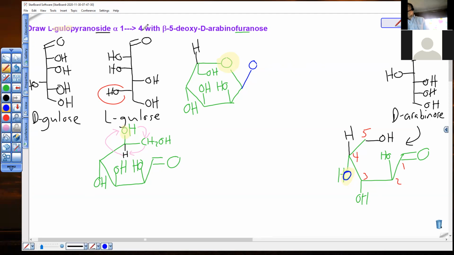It says carbon 4's alcohol of this sugar connected to carbon 1 position of the previous sugar. So I'm going to go here and copy all I see here with the ring size and everything I need and rotations. Oh my God, there's going to be so much going on. Hope I don't lose anybody. Going to do some rotation.